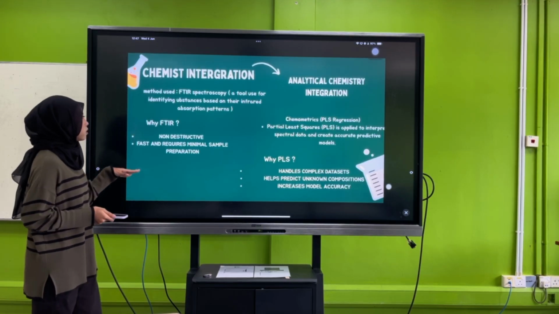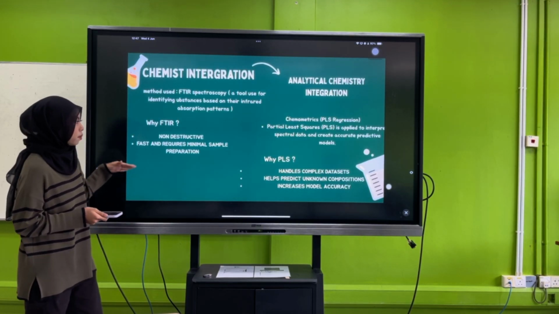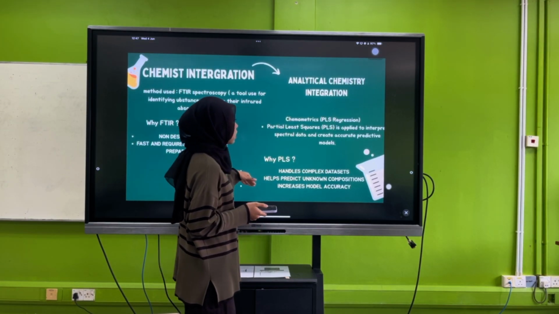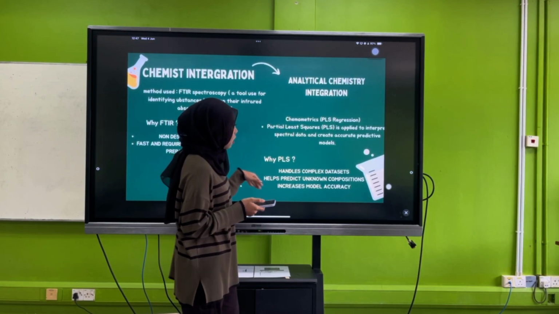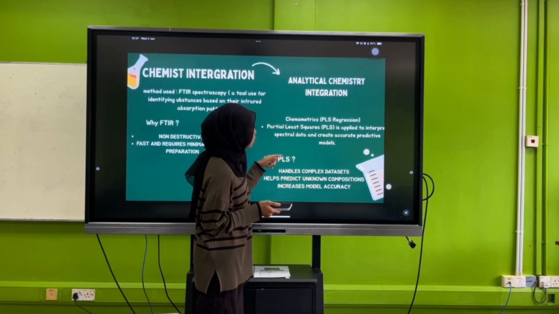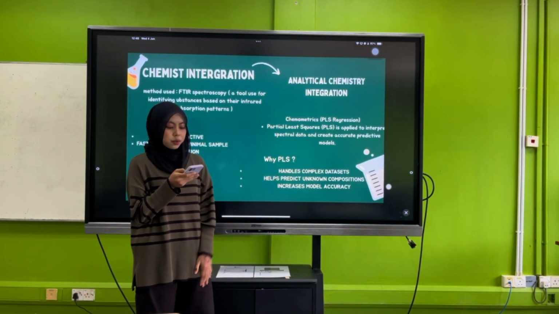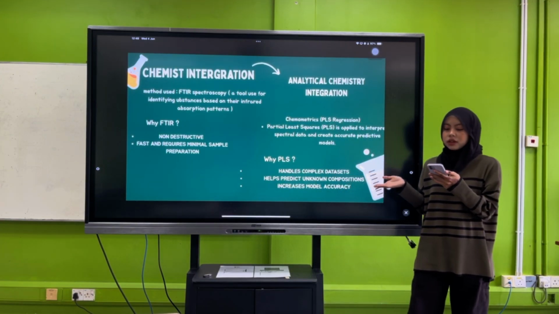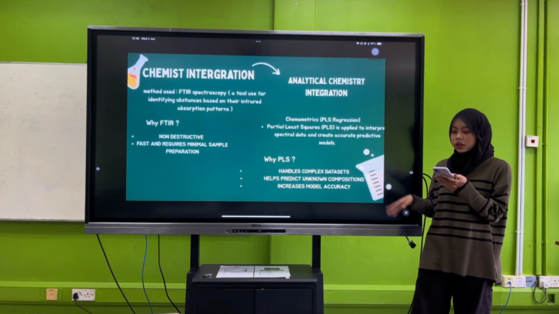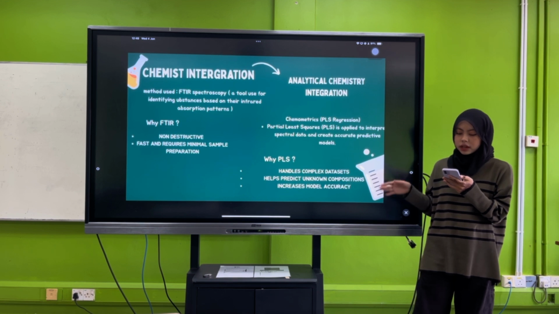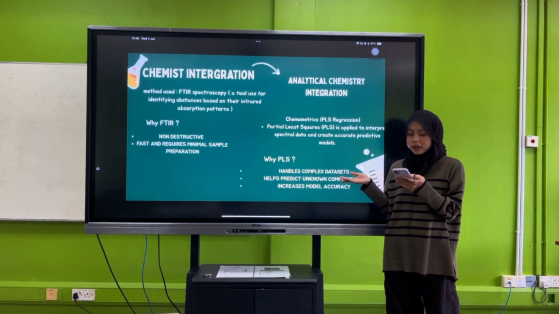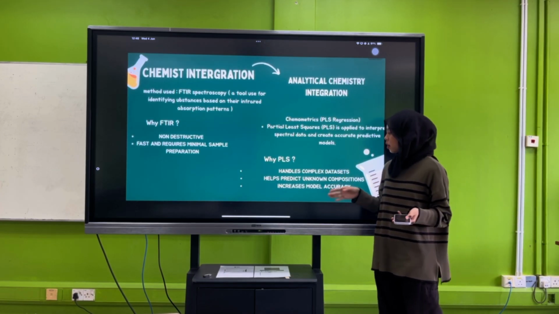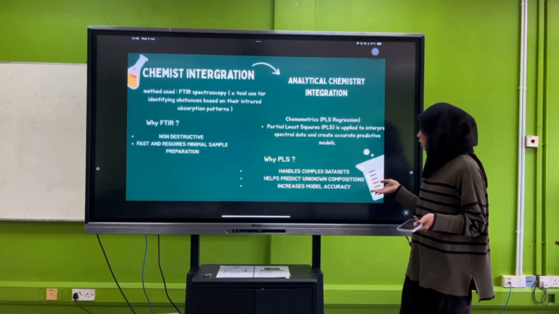Because it is non-destructive, fast, and requires a small sample. The chemometric method is partial least squares, which is designed to extract spectral data and make predictive models. This helps us build a strong calibration model to estimate how much dog meat is present based on this spectral data. This model was evaluated using statistical parameters like R squared, RMSEC, and RMSEP, showing high accuracy. This is because it can handle complex datasets and helps predict composition.